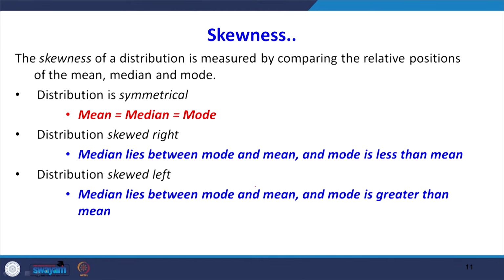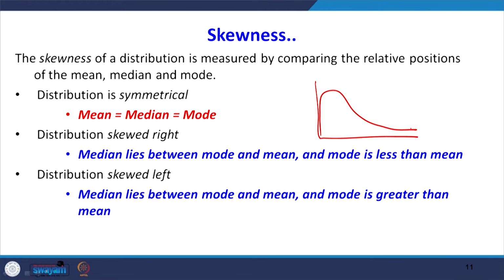The skewness of a distribution is measured by comparing the relative position of the mean, median and mode. If the distribution is symmetrical, we can say mean equal to median equal to mode. If the distribution is skewed right, the median lies between mode and mean and the mode is less than the mean.